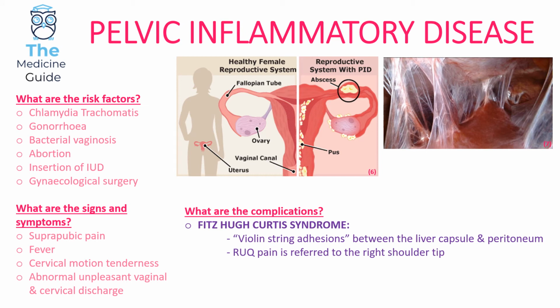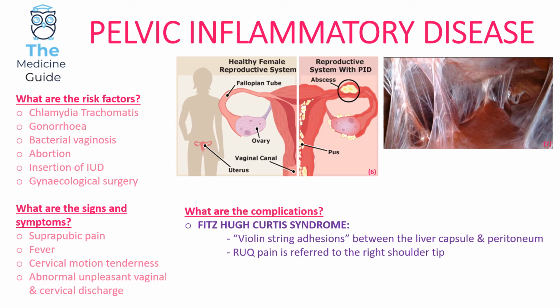Now, most medical students do get confused between Fitzhugh-Curtis syndrome and other differentials like acute cholecystitis or pyelonephritis, but the key thing to remember is that patients presenting with acute cholecystitis or pyelonephritis will not be presenting with an underlying STI, whereas women who are suffering from Fitzhugh-Curtis syndrome will be, and that's one of the features that hopefully you can use to distinguish between the different conditions.